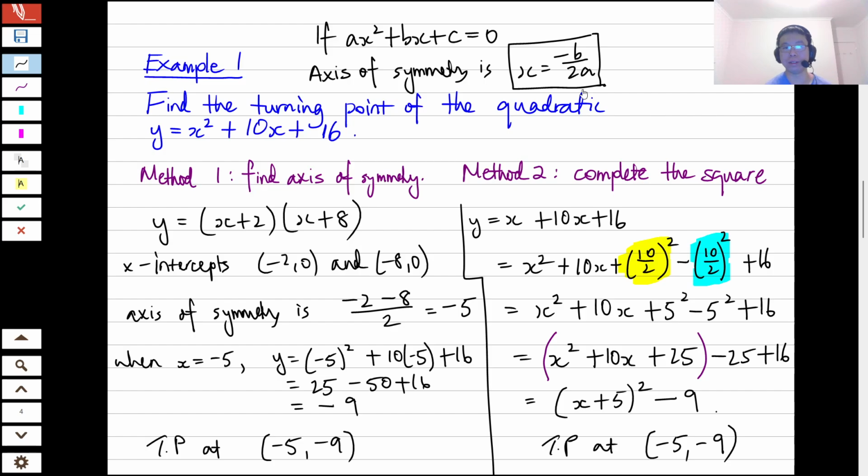So for example, if I use that formula here, I'll have b equals 10 and a equals 1. -10 divided by 2 gives me -5. So I could have used this for method 1 as well, as an alternative.